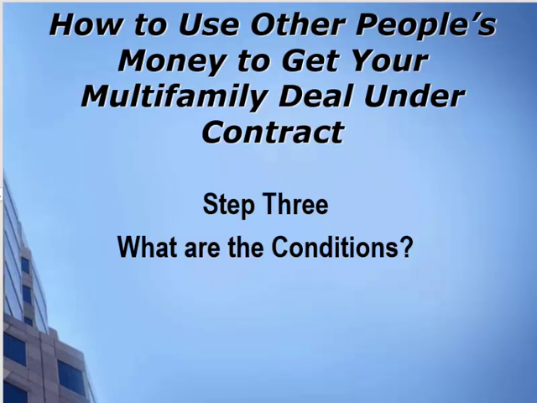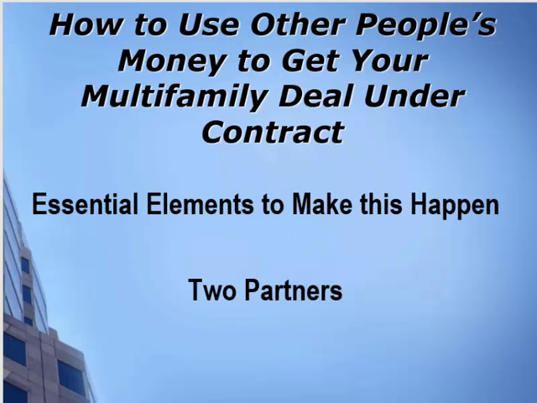So let's do a little bit of a review here. When we think about the essential elements that we need to make this happen, we need two partners. We need people that understand this business and understand how this process works. And what I do is I have what I like to call my stable of earnest money deposit partners who are willing to step up to do this.